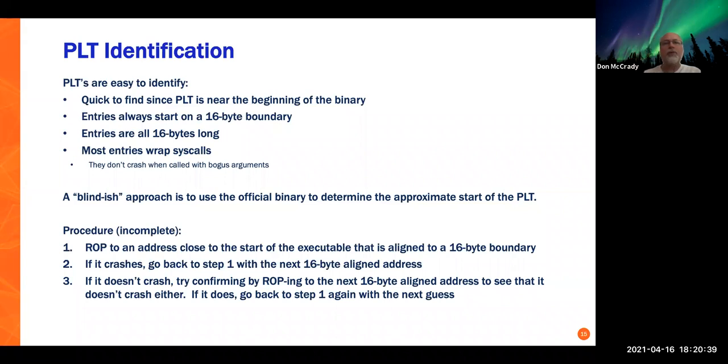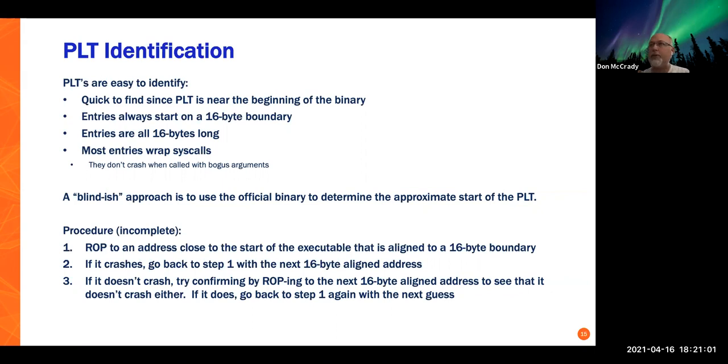So the start of the procedure to find the PLT is to find a 16-byte aligned address near the beginning of your program and ROP to it. And if it crashes, well, that's not the right guess. So move on to the next 16-byte aligned address and ROP to that.